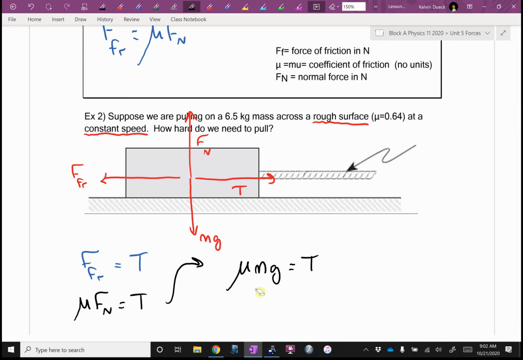Do I know mu? Yep. Do I know the mass? Yep. Do I know g? Okay, now I can solve for tension. Tension is going to be 0.64 times 6.5 times 9.8, which is what?